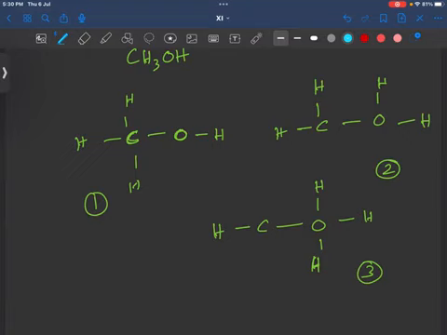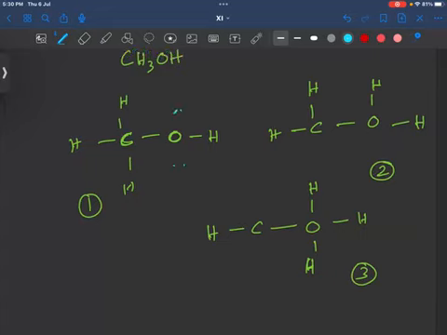How can you get it? 6 minus 2, and what about the lone pairs in oxygen? Minus 4. If I have not drawn lone pairs, you should understand that there are lone pairs, because the octet needs to be completed. So it will be 0 and 0 here. Okay, good. What about in the second case?